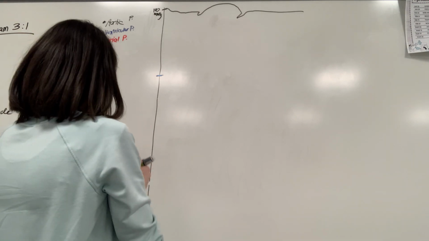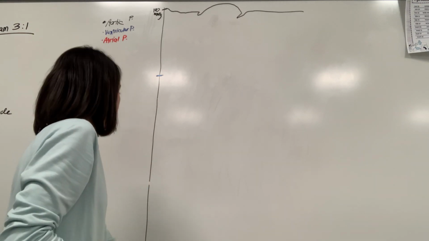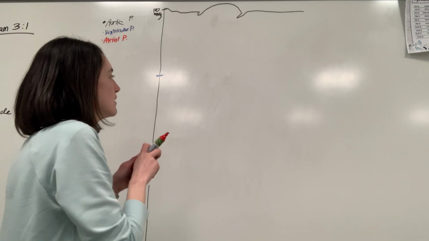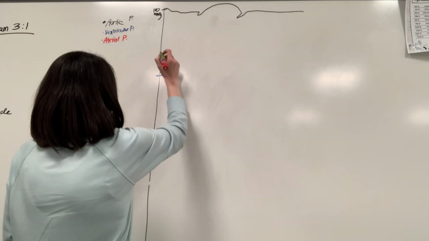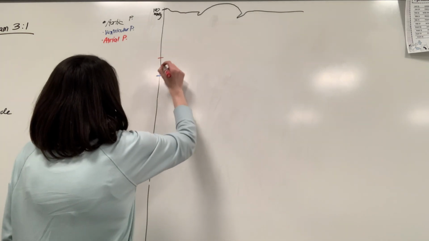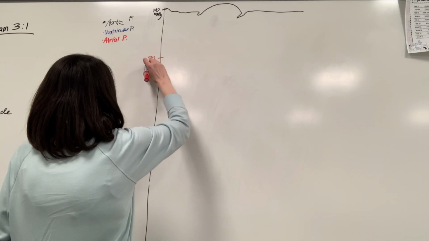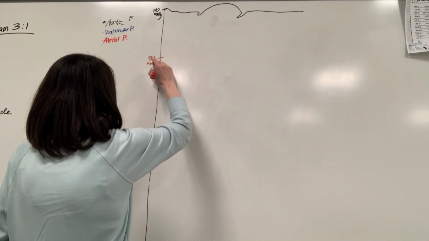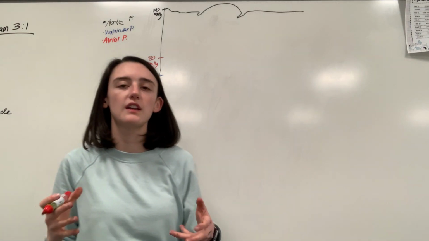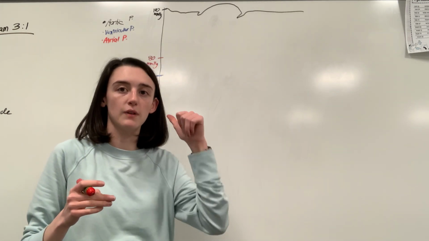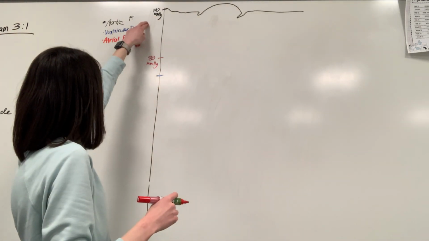And then our atrial pressure is going to be down here at around 80 millimeters of mercury. And the reason I say 120 and 80 is because that is our range of normal blood pressure.